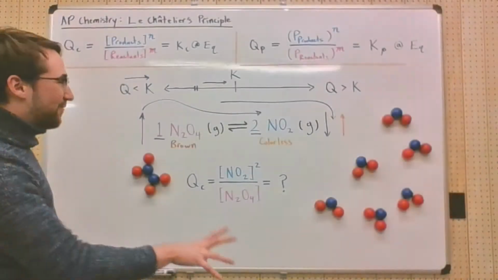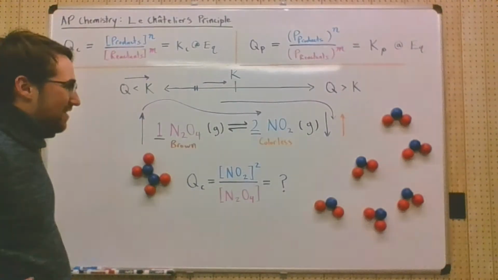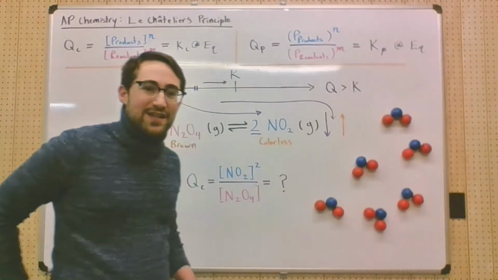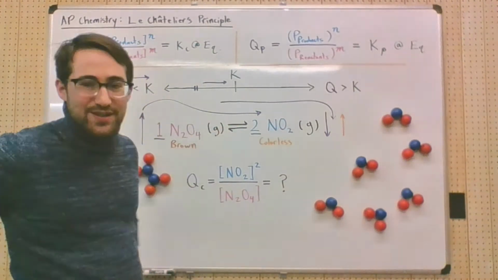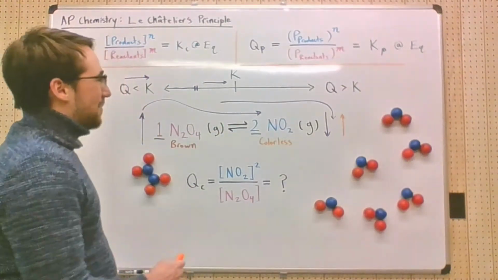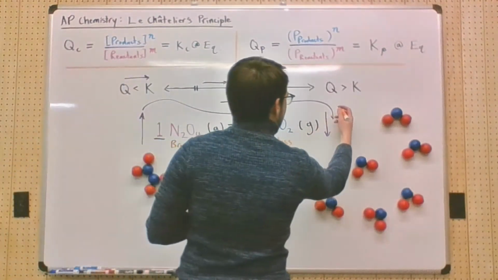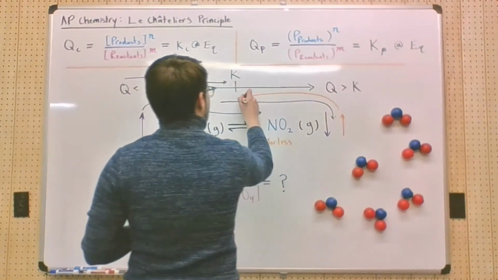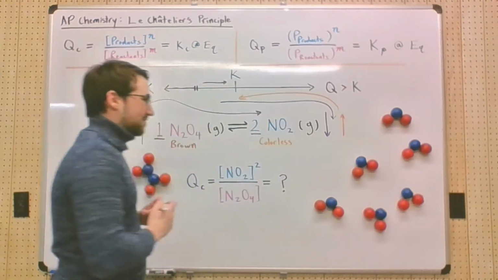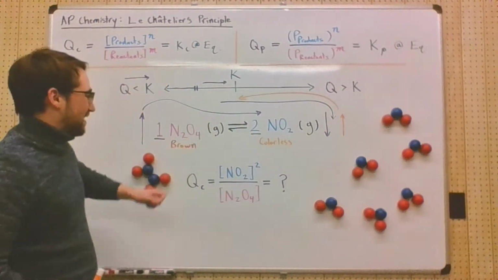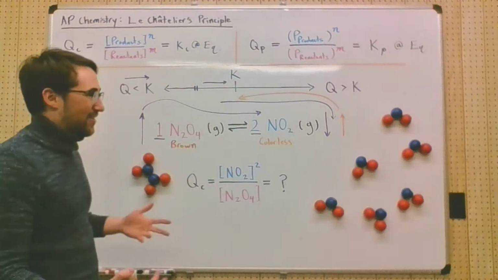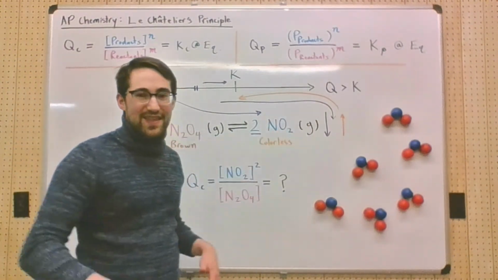So if I want to fix this ratio here, now that I've got a bunch of product, I'm going to have to get that product to be used up. Right? I'm going to have to push my reaction to the left. Okay, to remake some of the reactants that I kind of now don't have, or to use up some of the product that I have extra now.